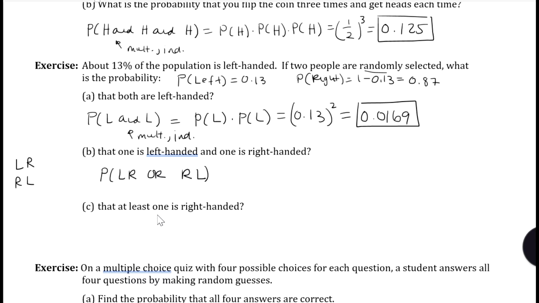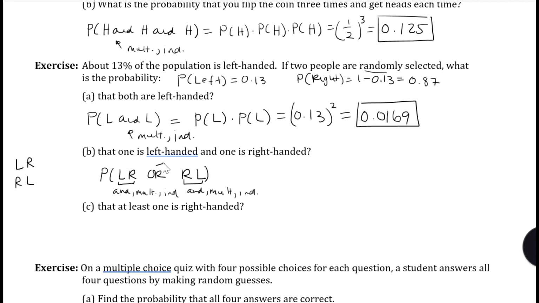Okay, so this is a kind of compound probability that has both multiplication and addition in it. This is an "and," as is this one. So this is going to be an "and" probability because we have left and right, or right and left. There's going to be multiplication, and they're independent.